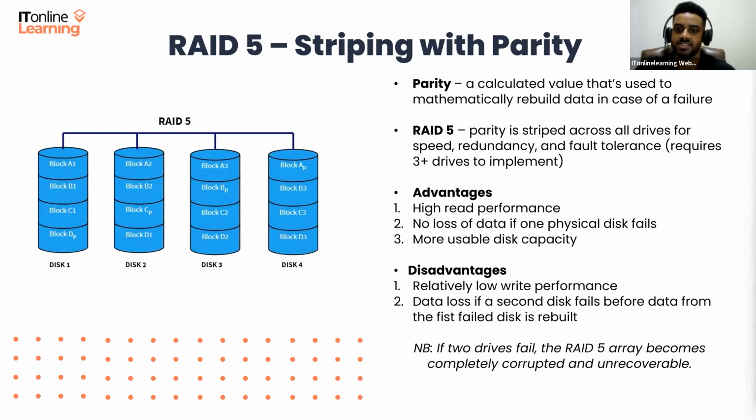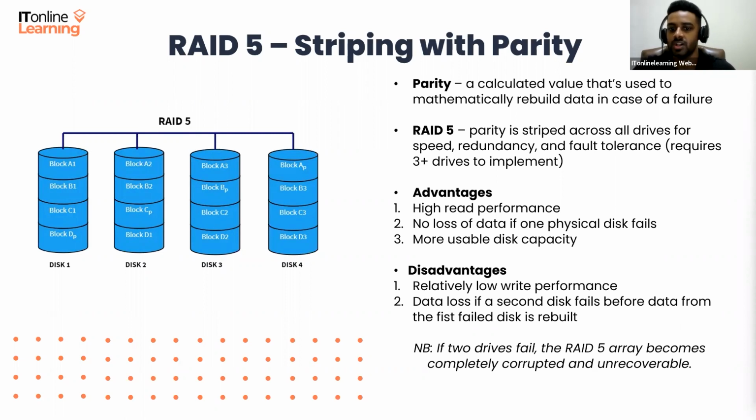A portion of each disk is reserved for parity information. This is what provides the redundancy and fault tolerance. In the case of any single disk failure, the parity information stored on other drives can be used to reconstruct data for the failed drive.